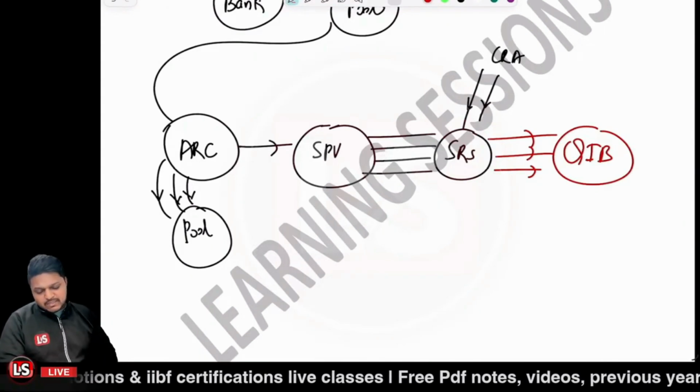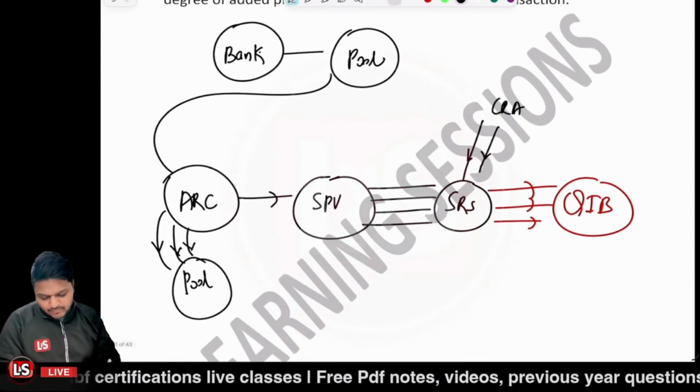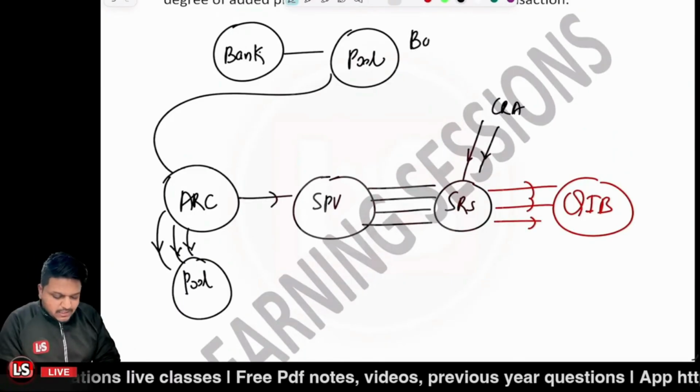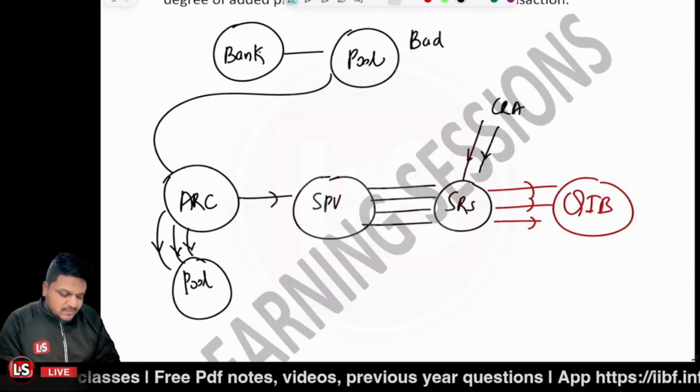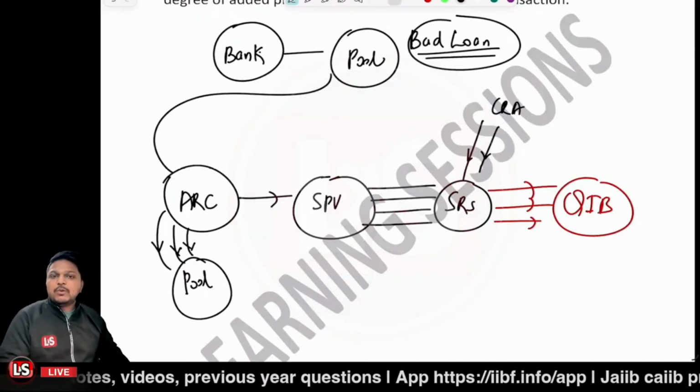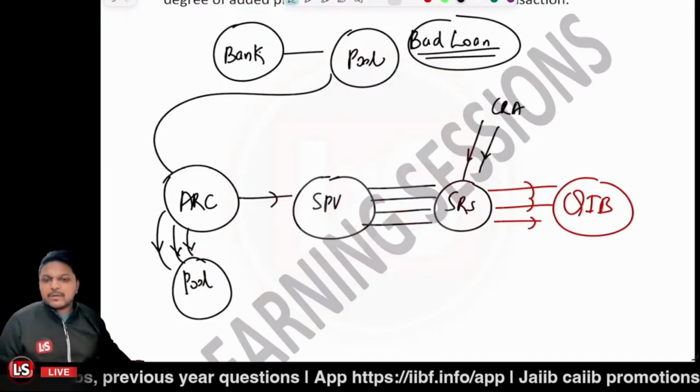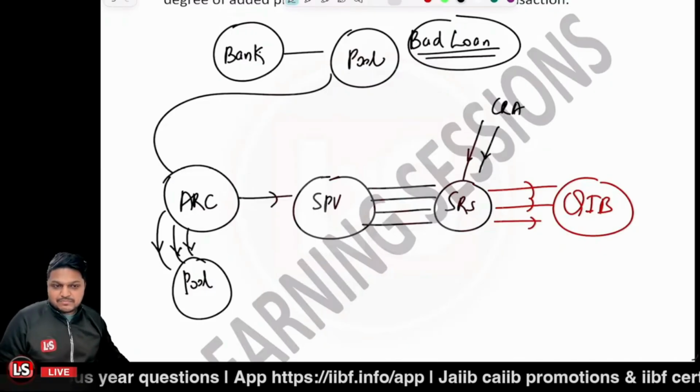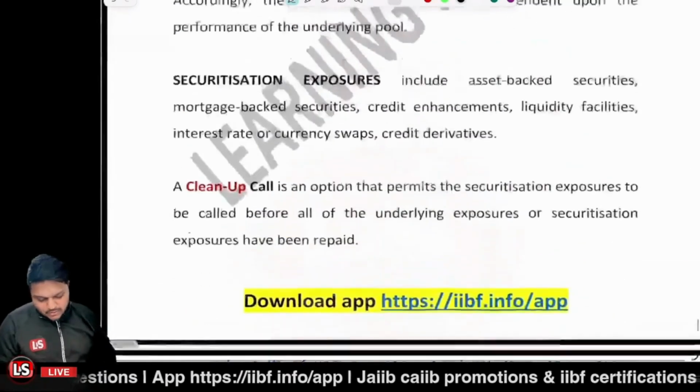This way, even if there are bad loans or non-performing assets, those can be liquidated and fresh liquidity will be available with the originating bank. So that's the case.